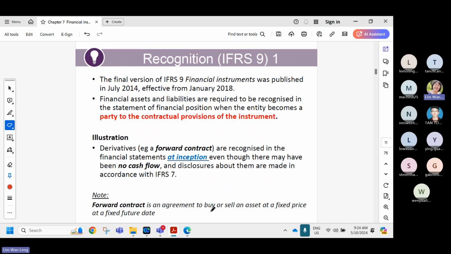So which means that you just sign a piece of paper and then you say, okay, I have already got a financial instrument for purposes of this particular purchase, let's say. All right, so very simple. You don't have to come out with any initial cash outflow.